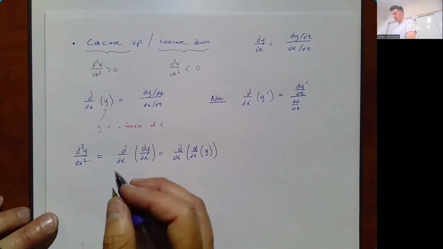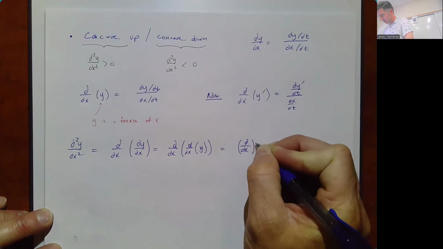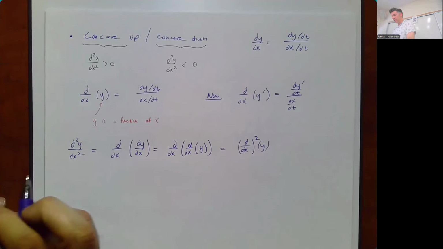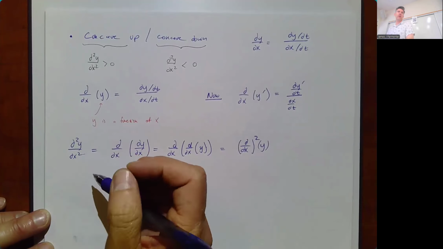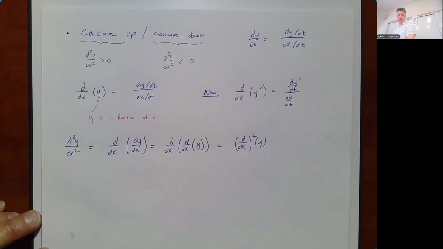So really, you could write this more annoyingly as (d/dx) squared applied to y. But this is the standard way of writing it, d squared y over dx squared. So yeah, I guess we'll do it that way.